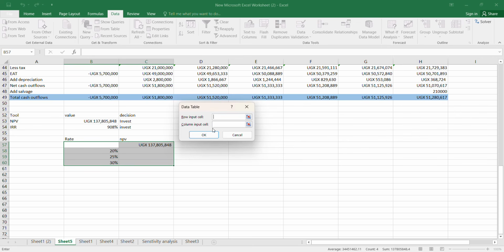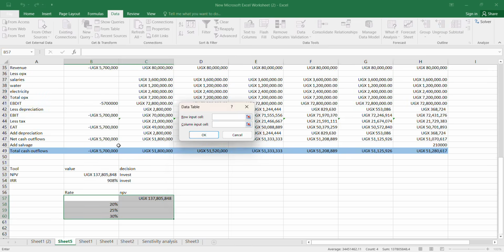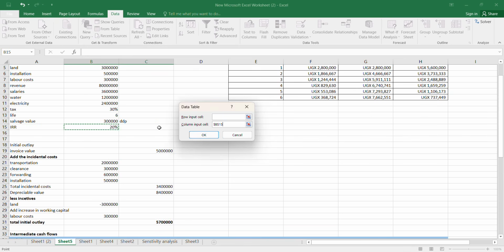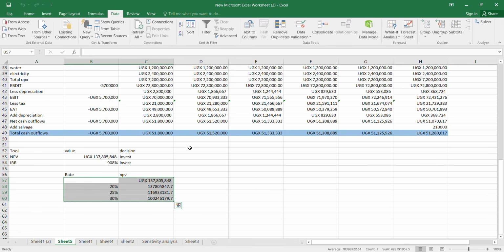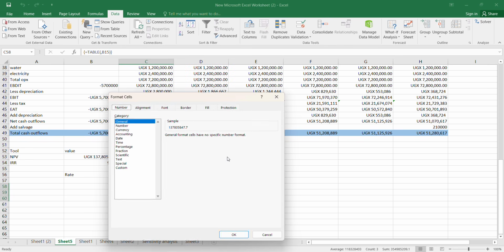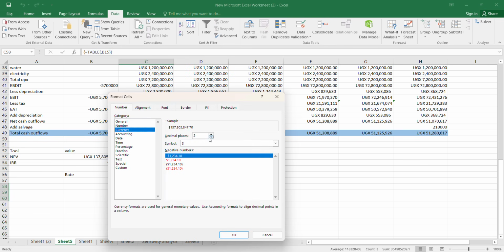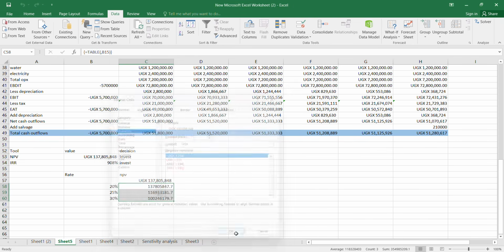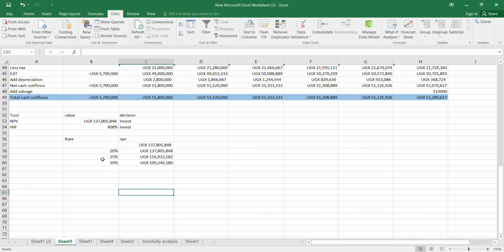They want the row input cell, but we don't have the row input cell for now, but we have the column input cell for percentage, which was 20%, and you press OK. Then format cells to UGX. So the data table is also done.